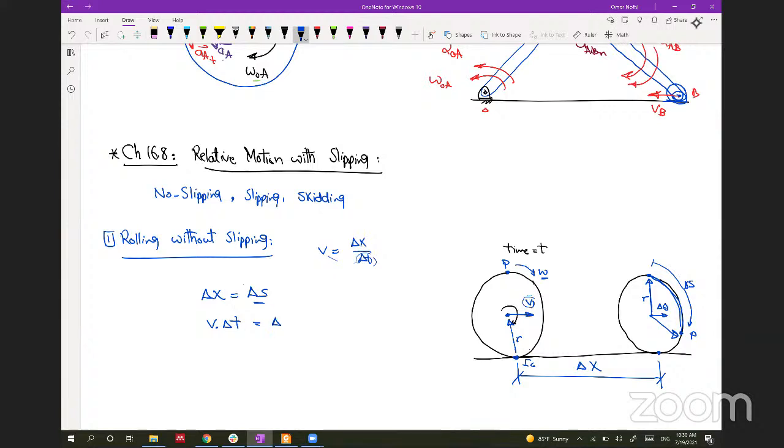So v will be equal to delta theta over delta t multiplied by r. So the velocity will be equal to omega r. And this is what we know from here: v is equal to the omega of this body multiplied by r. So this is rolling without slipping.